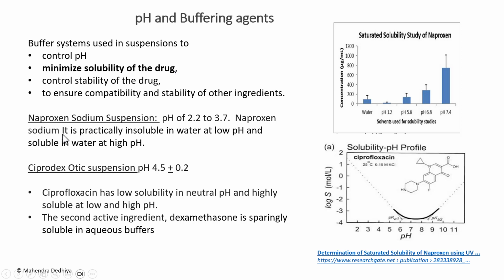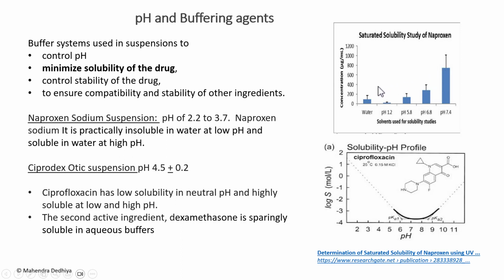An example here is naproxen sodium suspension. The suspension pH is between 2.2 and 3.7. Naproxen sodium is practically insoluble at low pHs. However, if pH increases above 6.8, its solubility increases, as shown here.